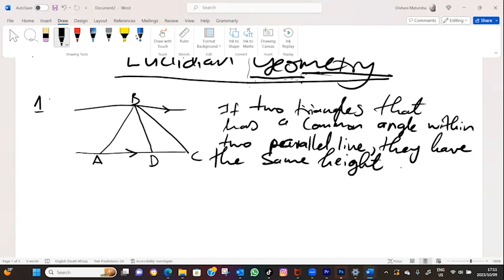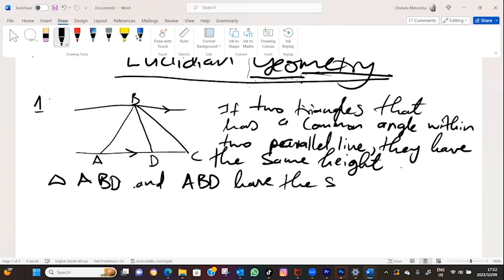This means that triangle ABD and triangle ABD have the same altitude or height.